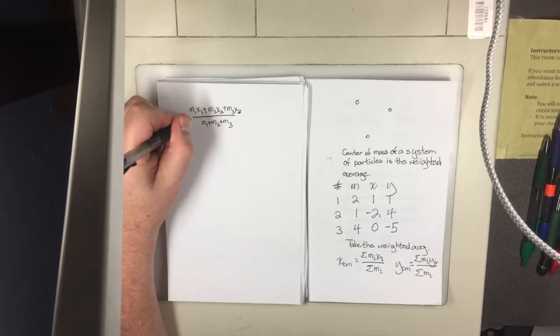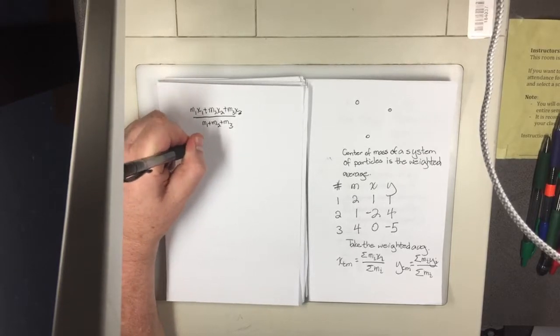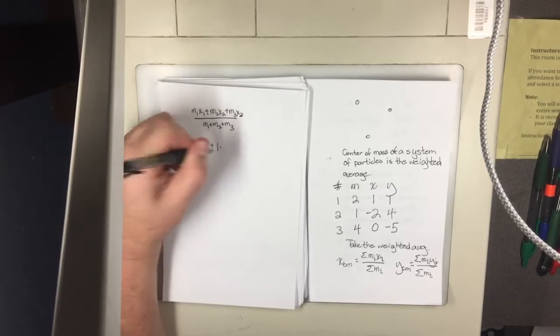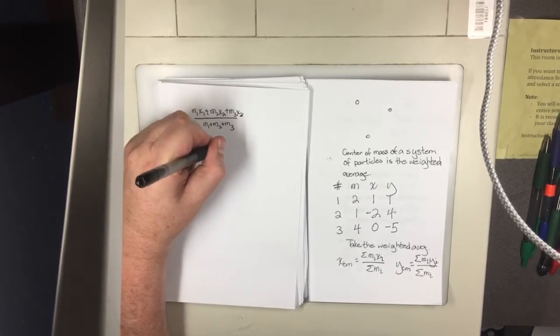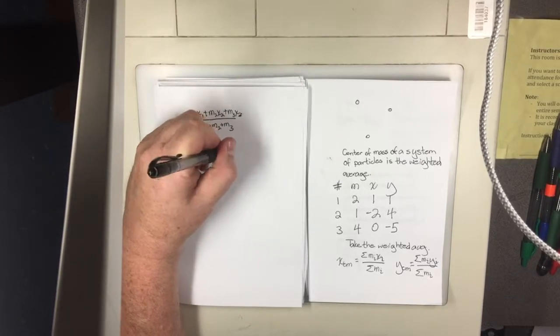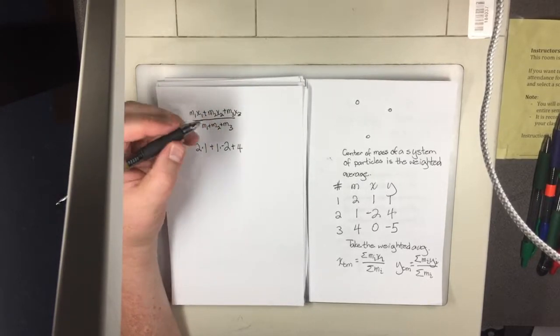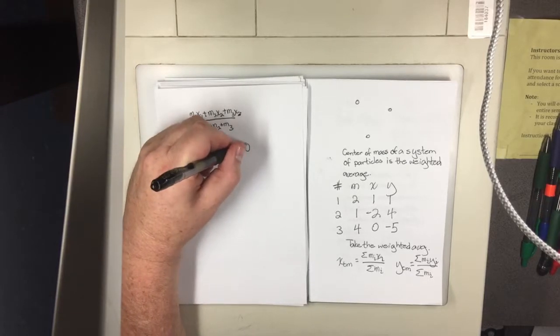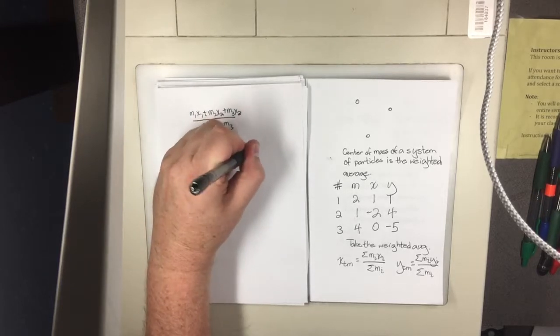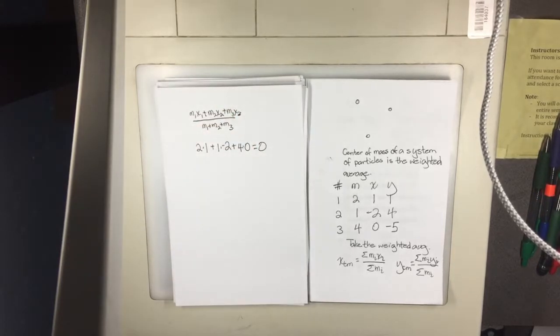And now we plug in our numbers. M1 is 2, x1 is 1, m2 is 1, x2 is negative 2, m3 is 4, x3 is 0. And so we end up with, amazingly, that the x coordinate for the center of mass is 0. You do the same thing for the y coordinate.